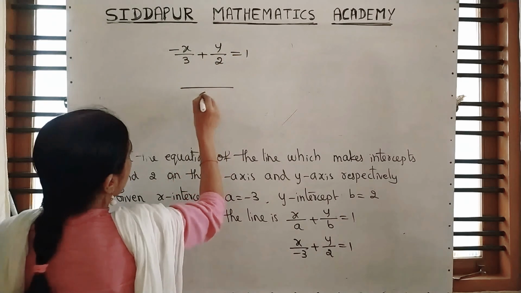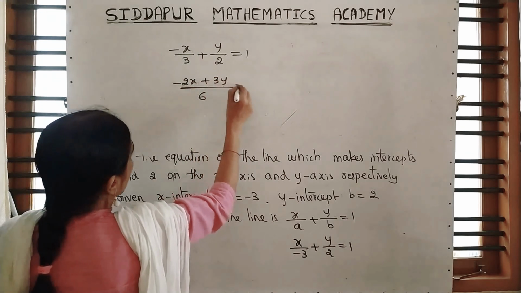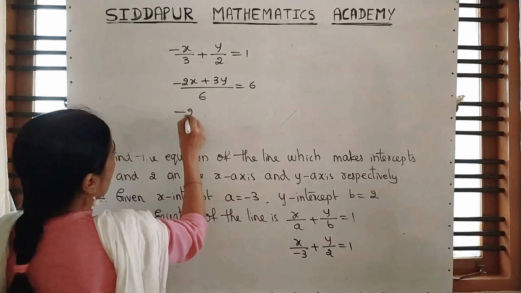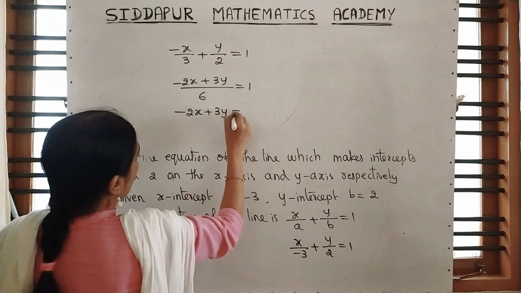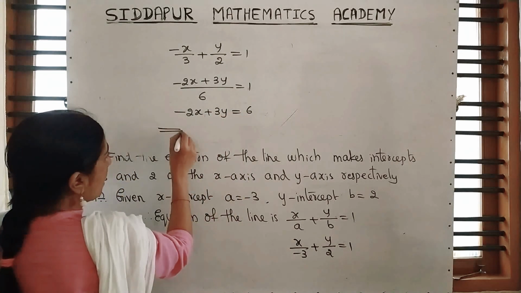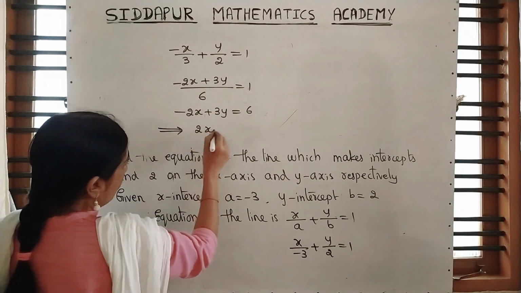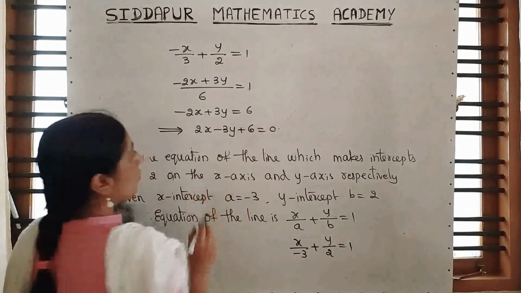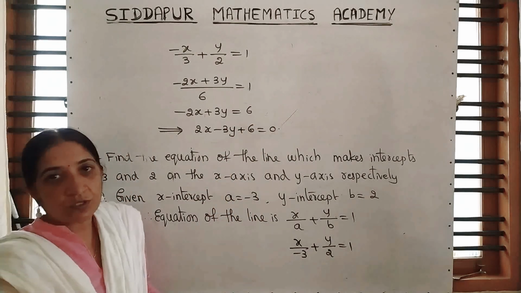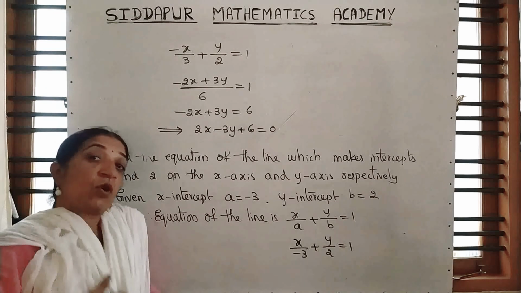Take the LCM. LCM is 6. Minus 2x plus 3y is equal to 6. Rearrange this, taking all the terms on one side: 2x minus 3y plus 6 is equal to 0. Understood? Is it simple or what? Now I am moving to the next derivation, that is the normal form.